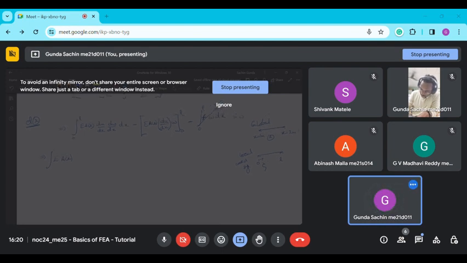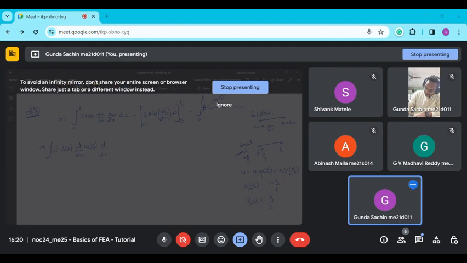So here we have E, and A is a function of the global coordinate system, and here we have u as u1 psi 1 of the local coordinate system plus u2 psi 2, where psi 1 of zeta is 1 minus zeta by L, and psi 2 of zeta is zeta by L.